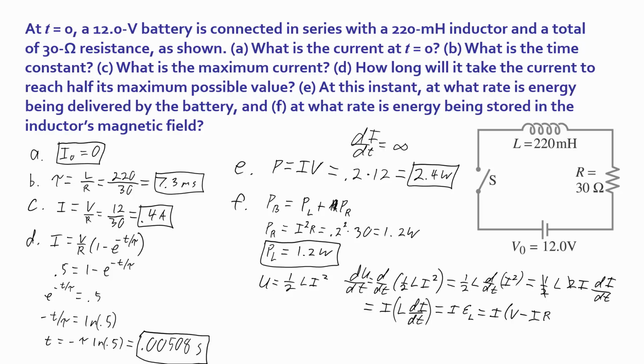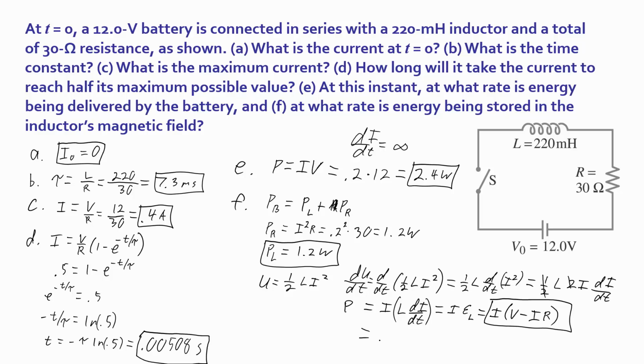Because you'd have this minus this guy equals 0, so you can move that to the other side. And so here we get our expression. This guy here is going to give us the power dissipated, because that's dU/dt for our inductor. And we know these values, so we can go ahead and plug in.